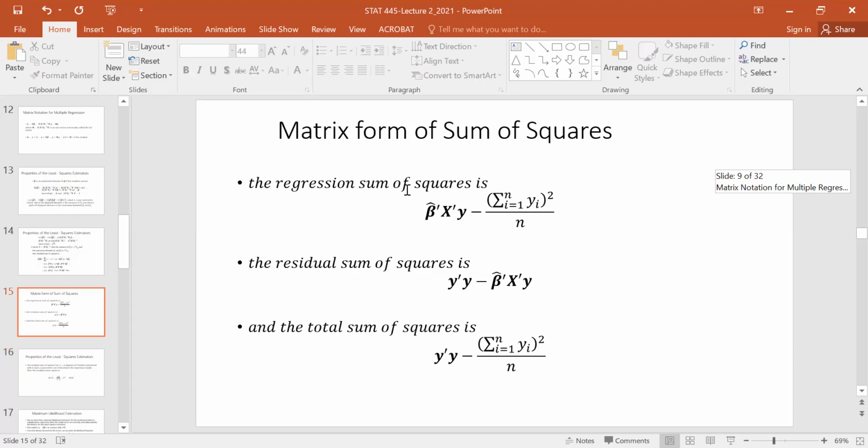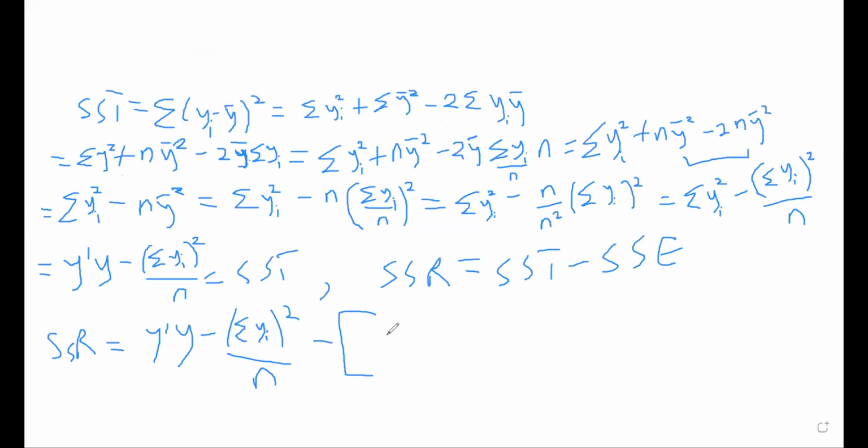This is what I derived for you on the previous slide, and we got SSE to be like this. So this is what I'm going to subtract from there: y transpose y minus beta hat transpose X transpose y.